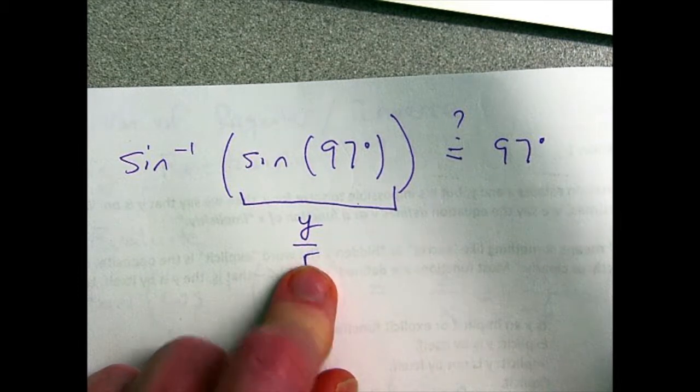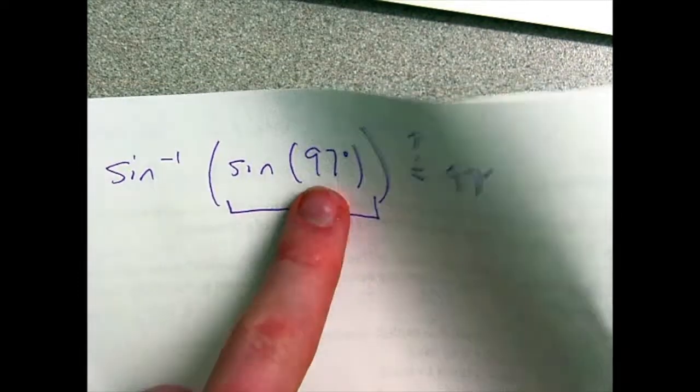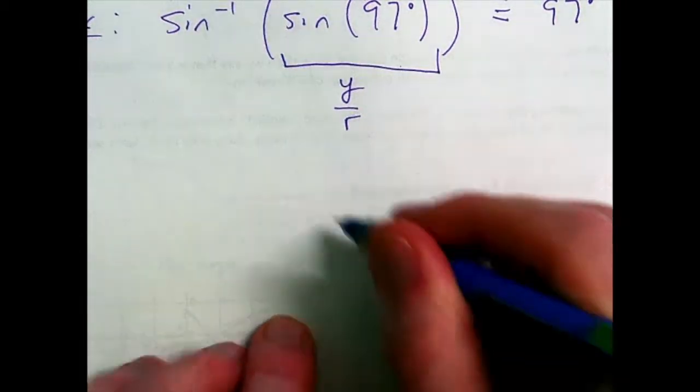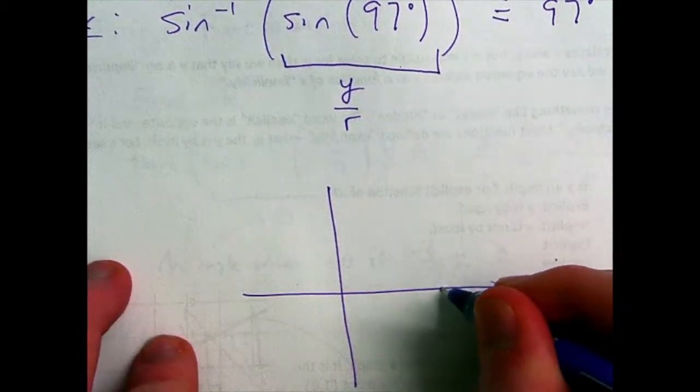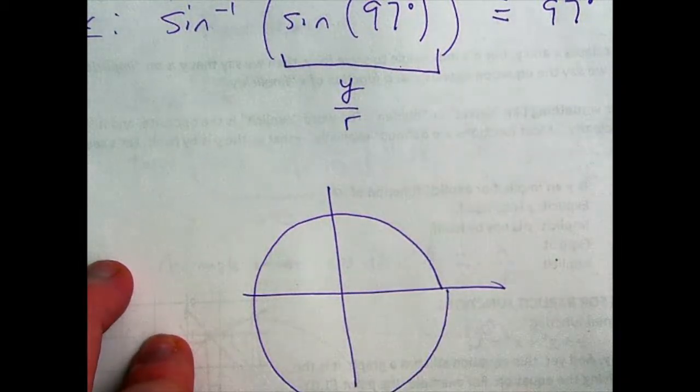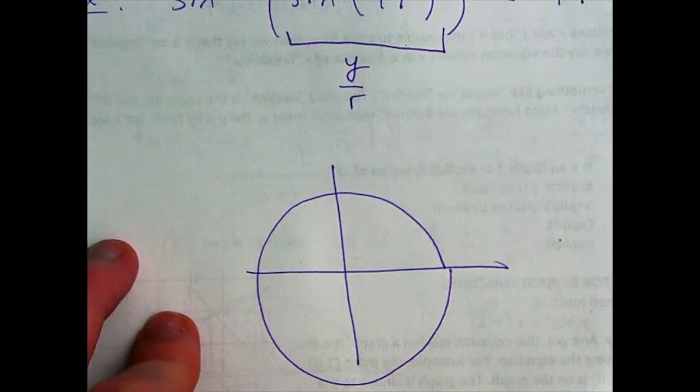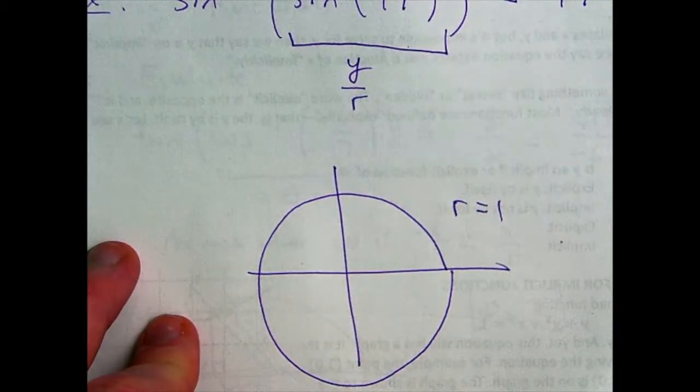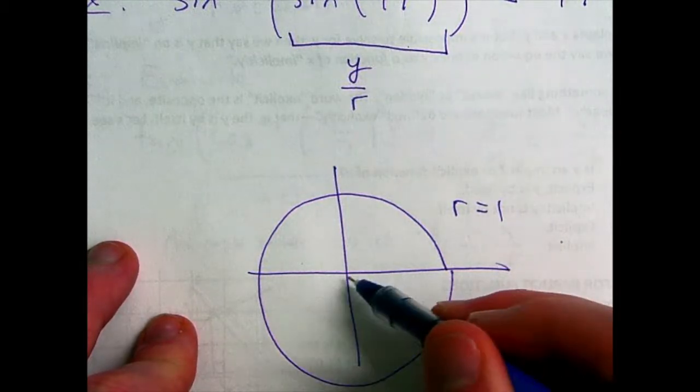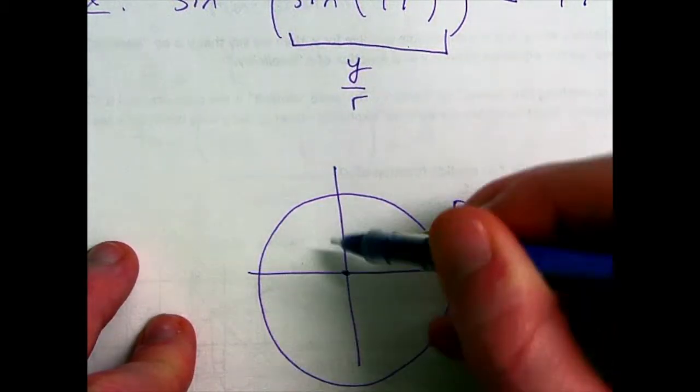So here's the idea. The sine of 97 degrees, what is it? Well, let's draw a picture. I'm free to draw a circle of whatever radius I want. For convenience, I'll choose r equal to 1. Now, 97 degrees is just a little bit past 90.